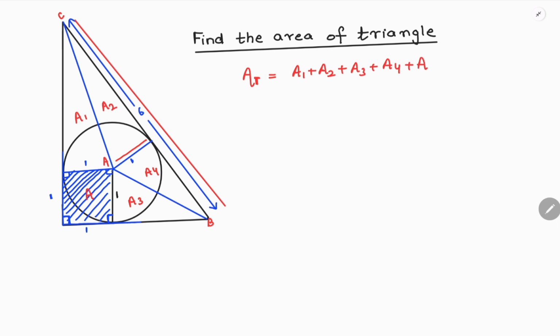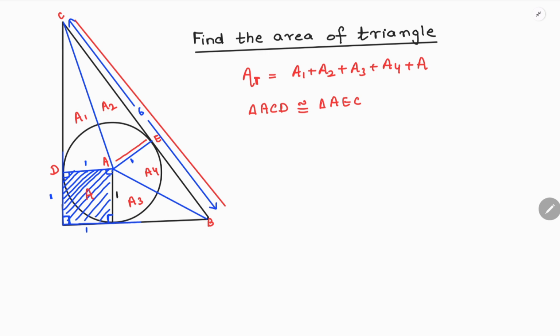We also need to find the areas of A1 and A3, so we look at two triangles. Say this is D, and this we say E. Triangle ACD and triangle AEC, these both are congruent.